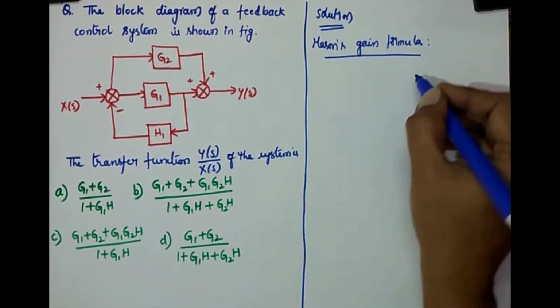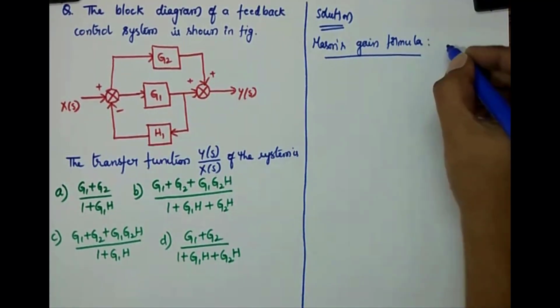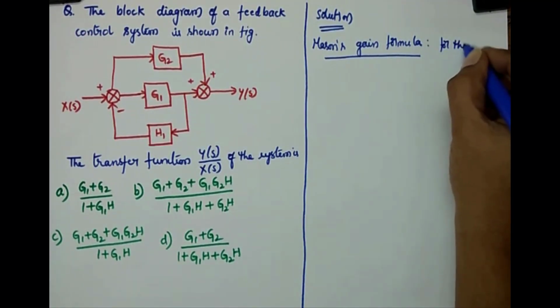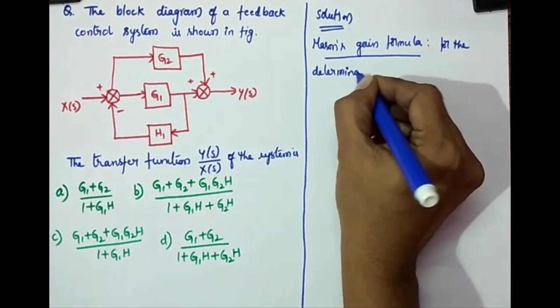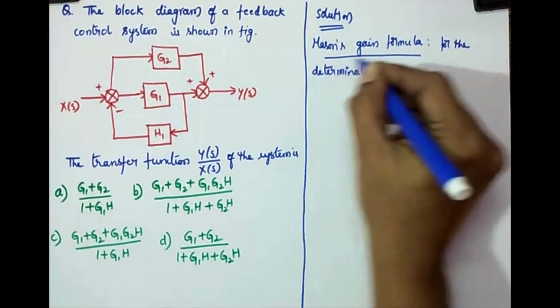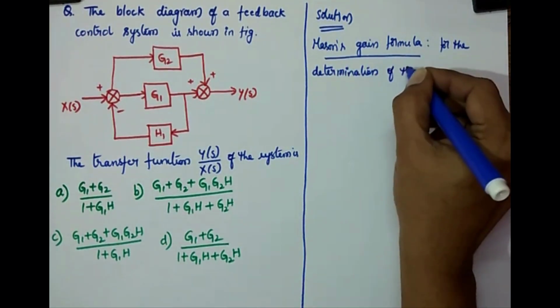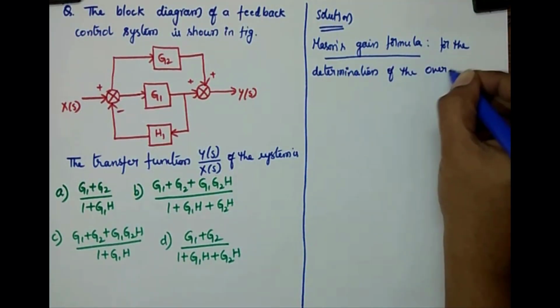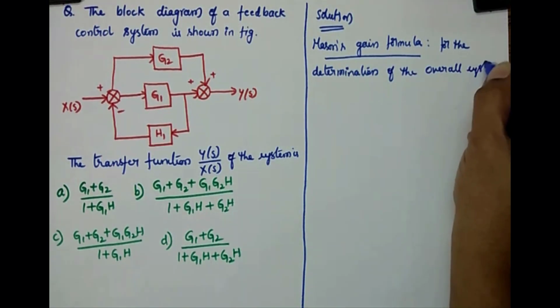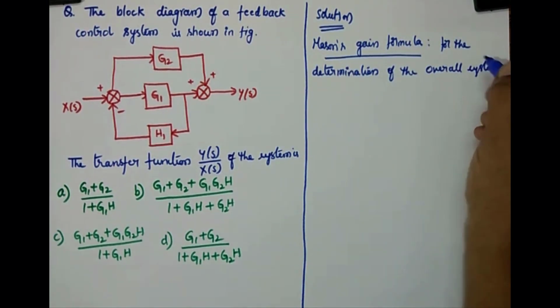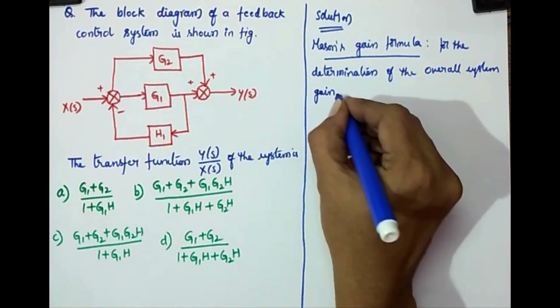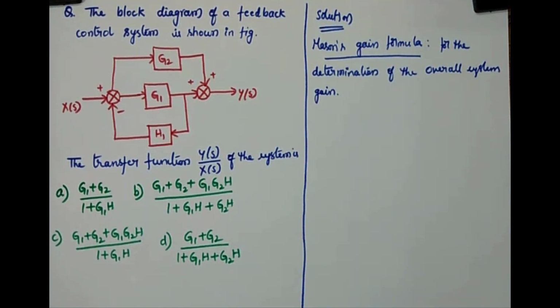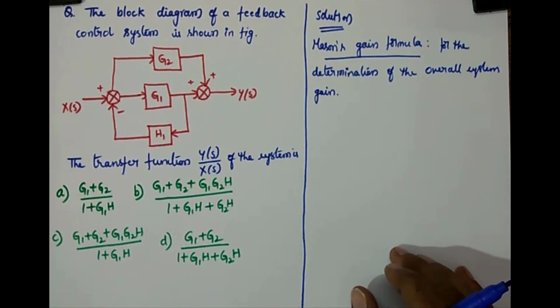Mason's gain formula. This is for the determination of the overall system gain. Okay. Mason's gain formula is used to determine the overall system gain.